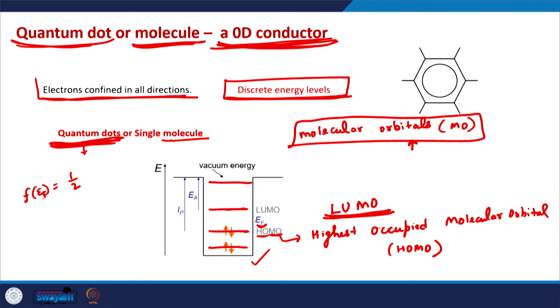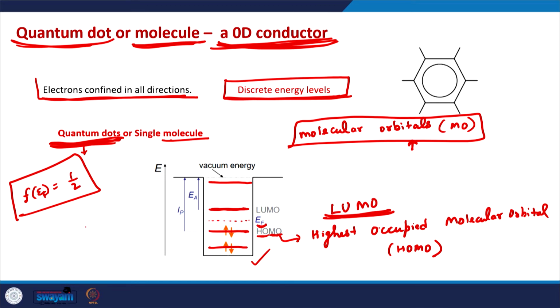In this case, the probability of an electron being found at the HOMO level is 1, because it is completely filled. The probability of an electron being found in LUMO is 0. So, the Fermi level will be right in the middle of LUMO and HOMO.